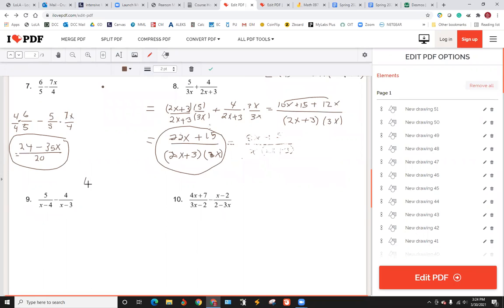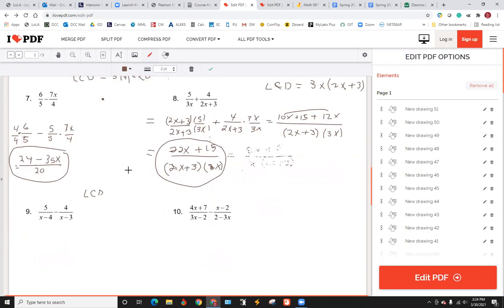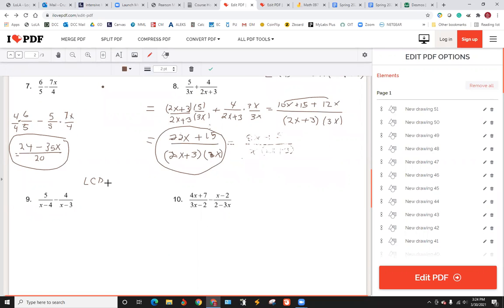All right, so on this one, what's the LCD? Don't let it intimidate you that they've got x's in them, because all you're doing is just multiplying them. And if they are numbers, you can take it out to the same thing. What's the LCD on this? There's half of it. There's the other half.